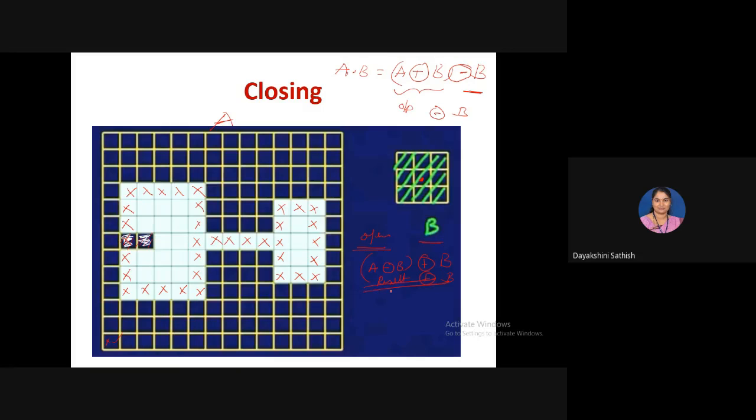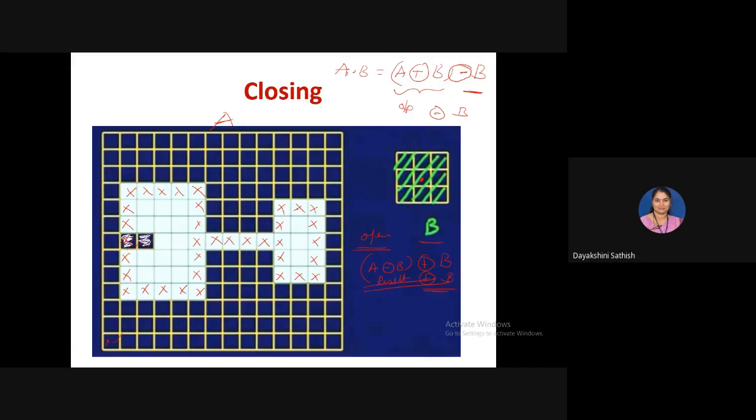Then for that result, what do you have to do? For morphological opening, you then dilate with the same structuring element. When you dilate, which pixels will be added? With a 3x3 structuring element, one extra boundary will be added.